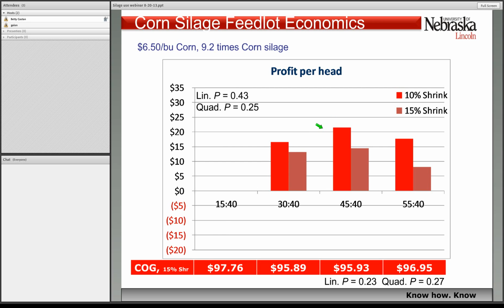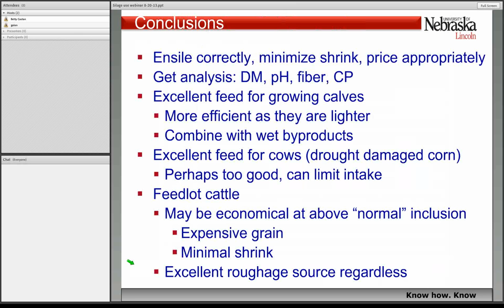And the same holds true, we think, for 15% shrink. But again, notice that your profit opportunities are decreased quite dramatically if shrink isn't managed appropriately. And then in all those slides, you can see the cost of gains that we calculate. It's primarily a feed cost of gain with those different diet scenarios.